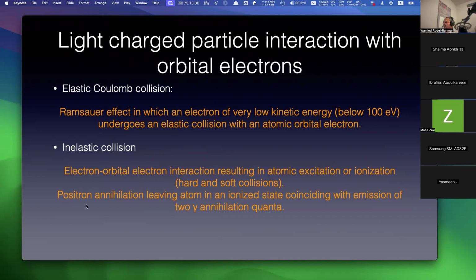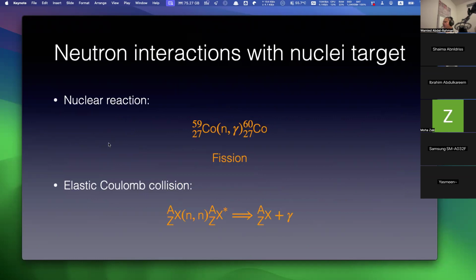So when the positron annihilates, we get two annihilation quanta, but this annihilation process is also going to create a vacancy. And the annihilation will be followed by characteristic X-rays.